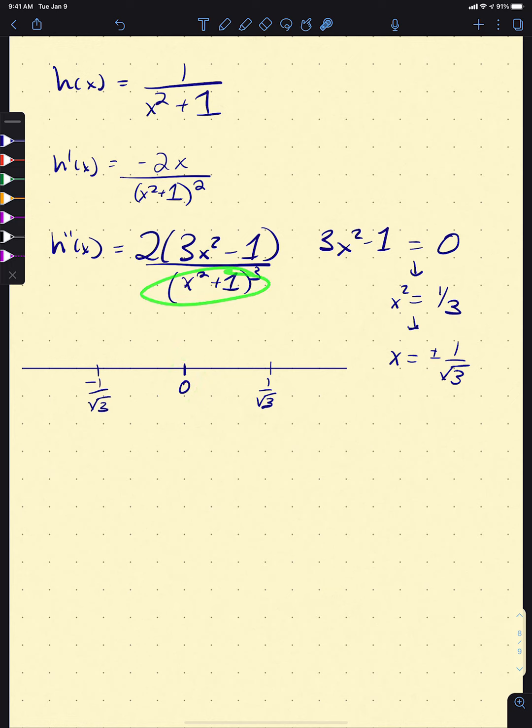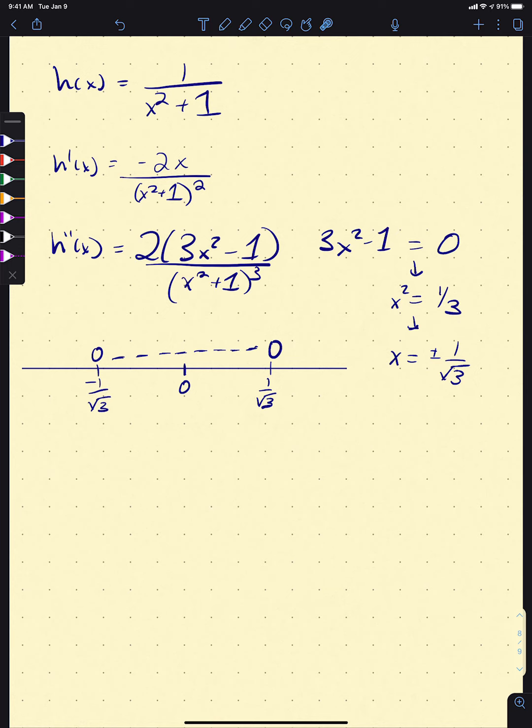Our denominator is always positive. And then at 0, this is 0, minus 1. So we have negative 2 on the top over 1. This whole interval is negative, because our function is 0 there. So that means between them, since we're continuous, we always have a single sign.